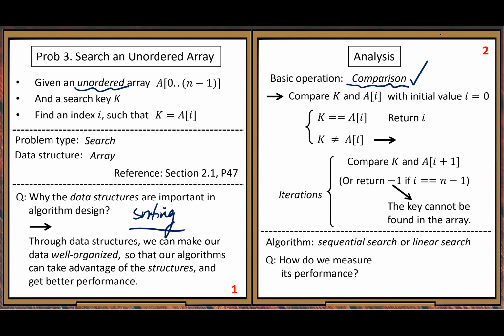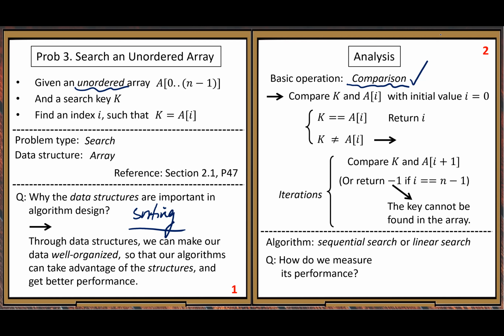But there is another question. If you use the number of comparisons, then sometimes when you are very lucky, when you do the first comparison, you find your key to be searched in the first comparison. But many times you may not be that lucky.